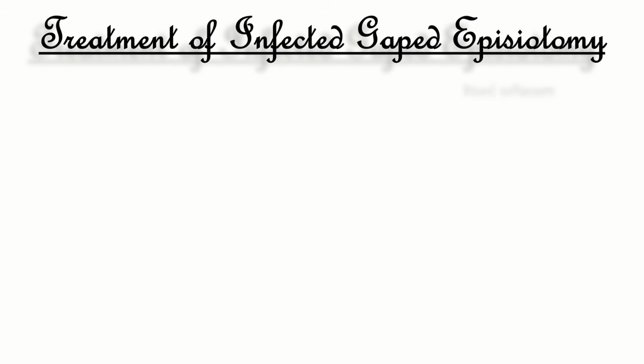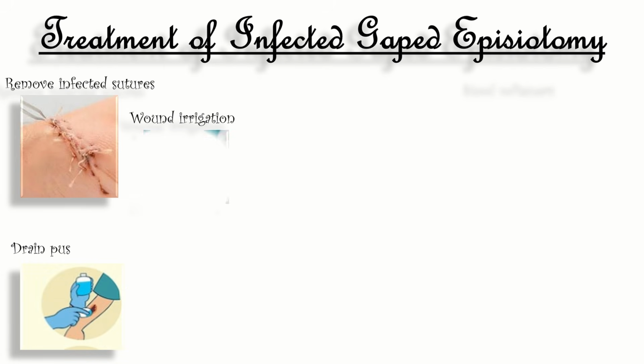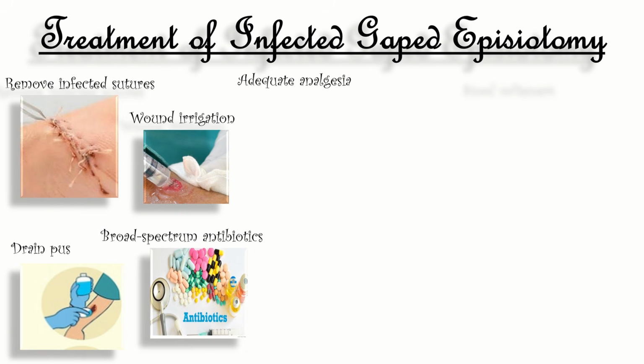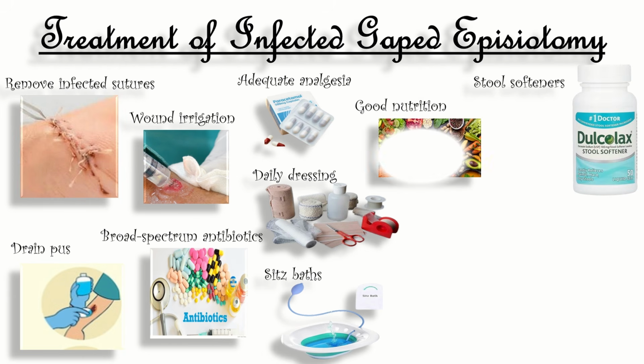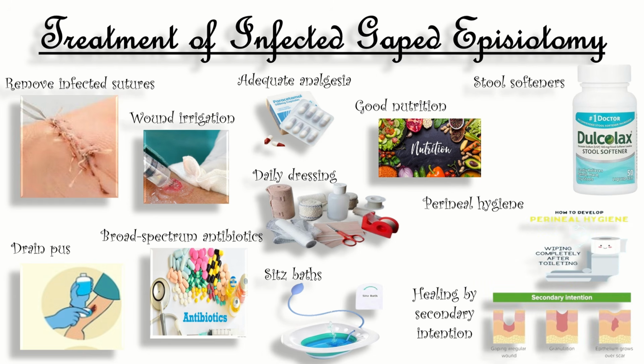So the main steps of treatment of infected gaped episiotomy include removal of infected sutures if present, drain pus if collection exists, wound irrigation with a normal saline, broad spectrum antibiotics, adequate analgesia, daily dressing, sitz bath after 24 to 48 hours, stool softeners, good nutrition, perineal hygiene, allow healing by secondary intention, or consider delayed secondary repair once the infection has resolved.